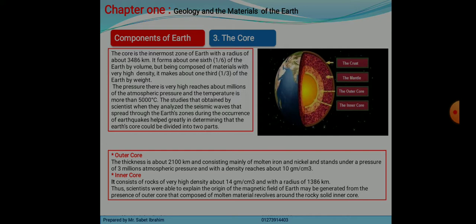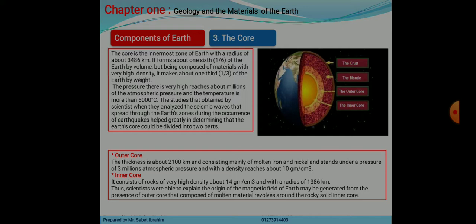The outer core has a thickness of about 2,100 kilometers, consisting mainly of molten iron and nickel, and stands under pressure of 3 million atmospheric pressure, with a density of about 10 grams per cubic centimeter. The second part of the core is the inner core. It consists of rocks of very high density, about 14 grams per cubic centimeter, and with a radius of 1,386 kilometers.